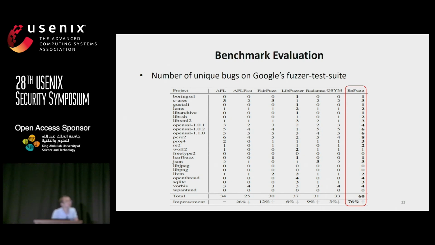Do we know, if we run the fuzzers that EnFuzz runs independently, how many unique bugs they can find in total? Because, for example, AFL found 34 bugs here, and another one found 33. They might not overlap completely.